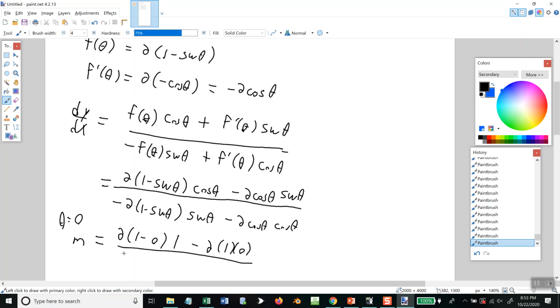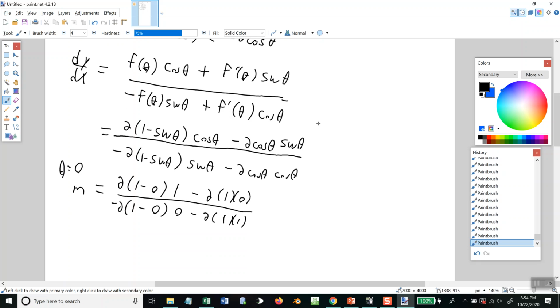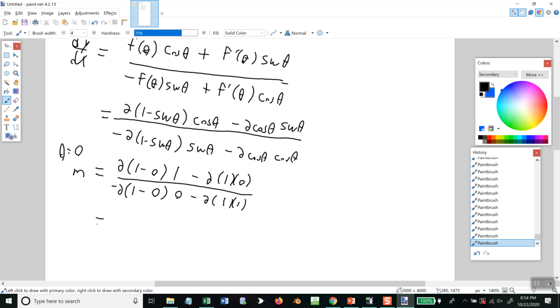Down below, negative 2 times 1 minus sine of 0 is 0, times sine of 0, which is 0. I feel like I'm screwing it up again. We'll see. Cosine of 0 is 1. One minus 0 is 1, times 2 is 2, times 1 is 2. That drops away, this drops away, 2 over negative 2 gives us negative 1. So my slope is negative 1 at that point.